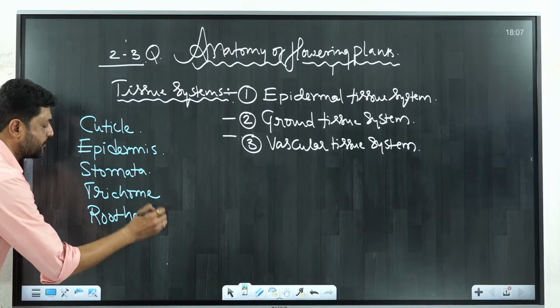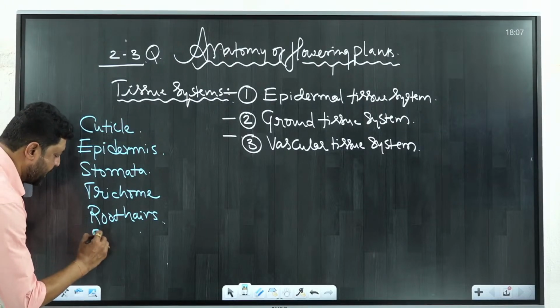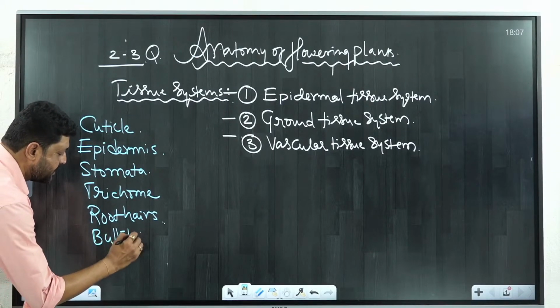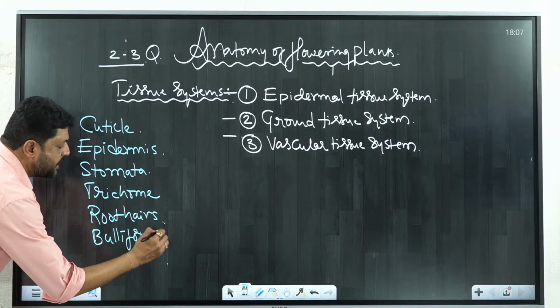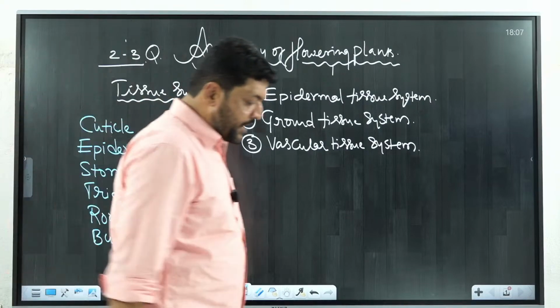And if you talk about the leaves, you can have bulliform cells. These are the structures associated with the epidermal tissue system. Was it clear?